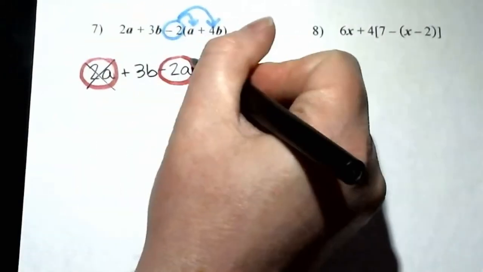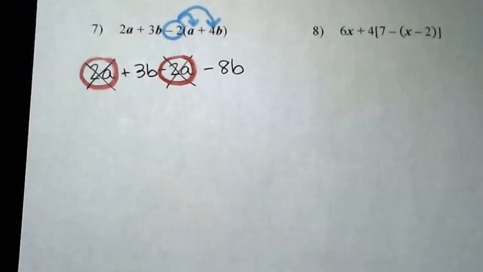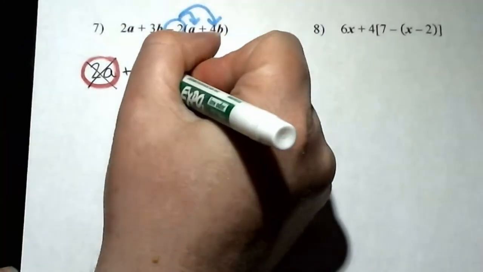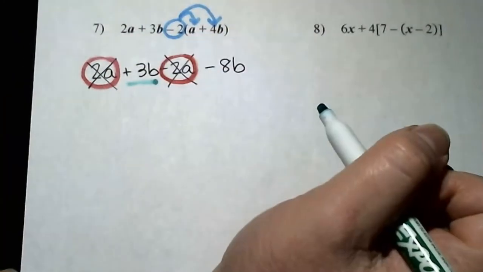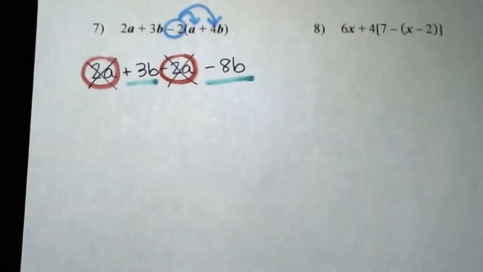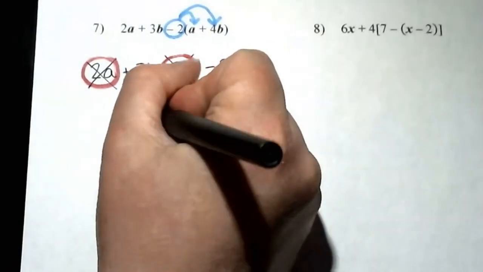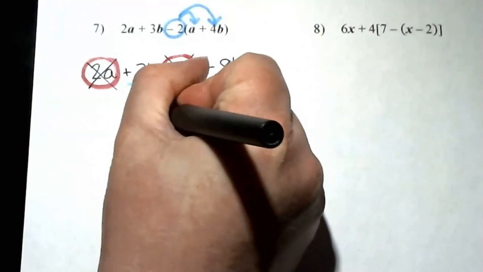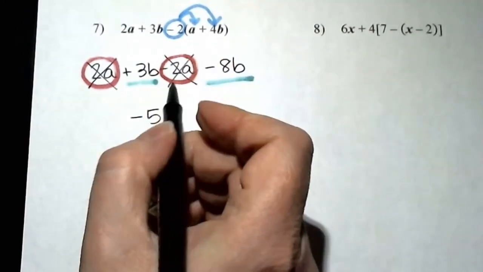So these canceled out. A's are gone. And the B's have a positive 3B and a -8B. Those can be put together. Positive 3 minus 8 is -5B.